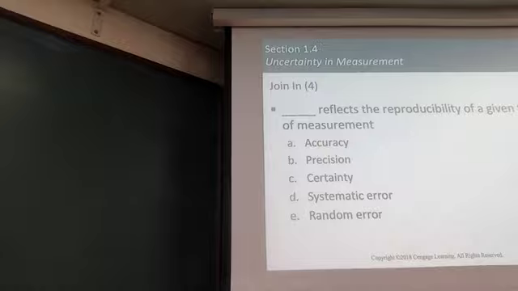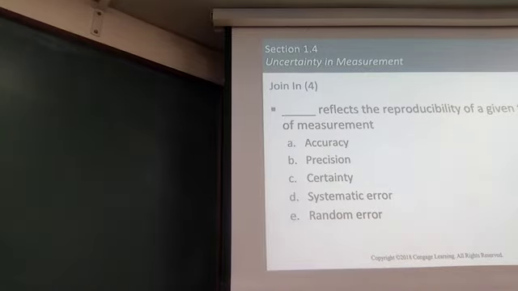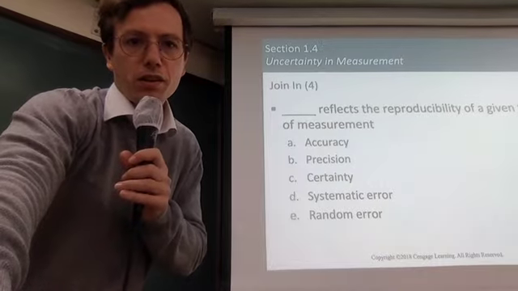Systematic error: a systematic error is something that doesn't really affect your reproducibility. It's something that will give you a constant shift of all your results from the true value, right? It has nothing to do with reproducibility. And random error also actually has to do with it. Random error has to do with the precision as well. So also that will affect the reproducibility.